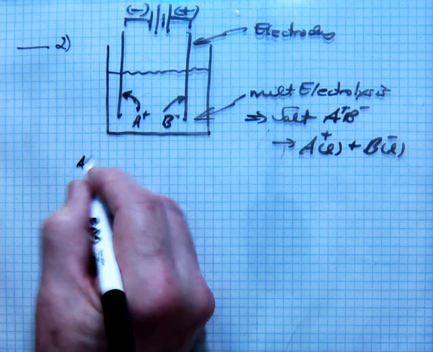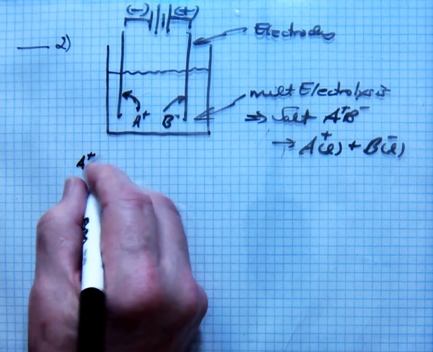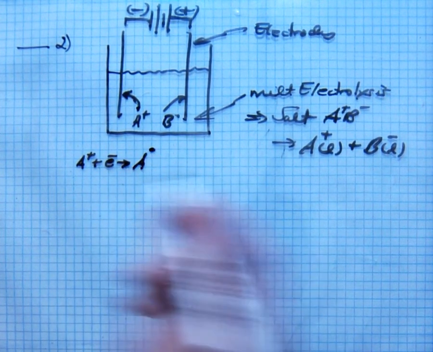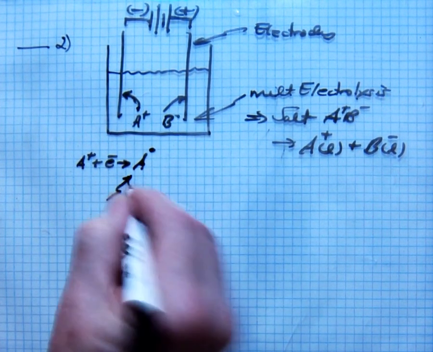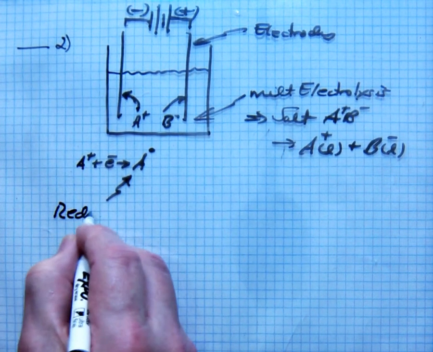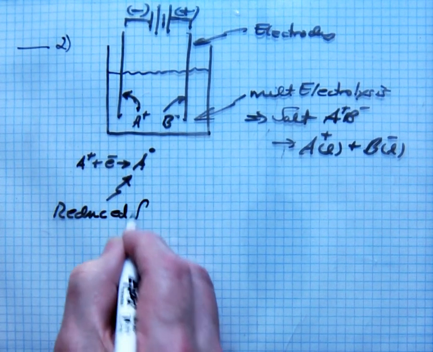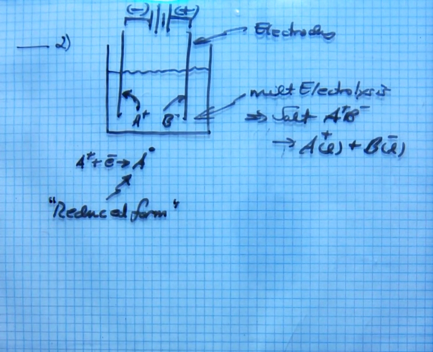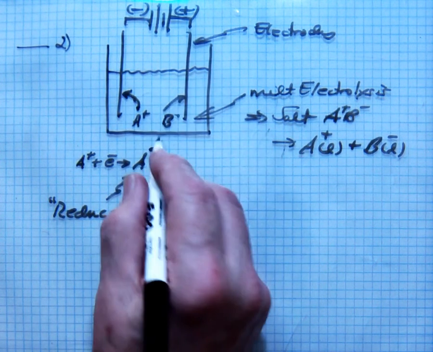So in this one, A plus an electron goes to the reduced form, and you'll hear that all day long in the galvanic work. Reduced form is kind of a phrase that I use, and most people in discussing electrochemistry will say, well, such as copper is in its reduced form at the cathode and places like that. But anyway, we'll get to that.